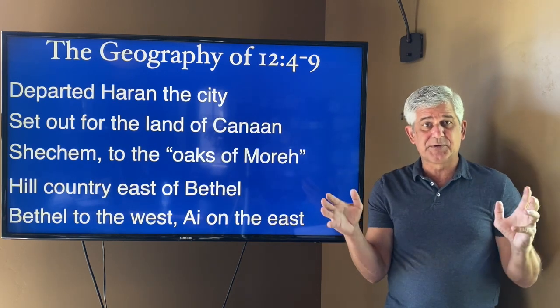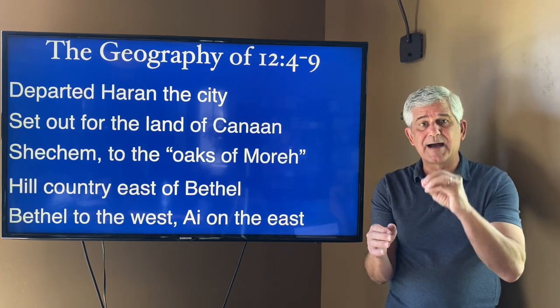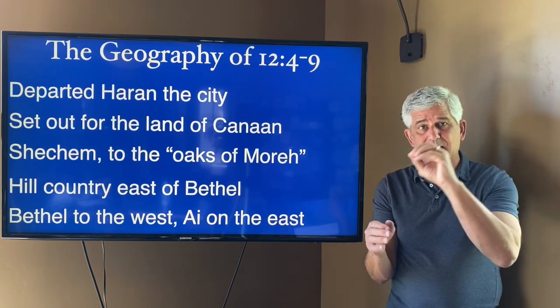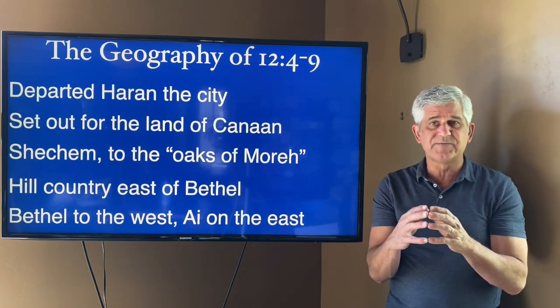Shechem is like the capital. Joshua gathers the people there. He tells the story of how they got there, going from Abraham down through Moses and the wandering in the wilderness and the wars that they fought.